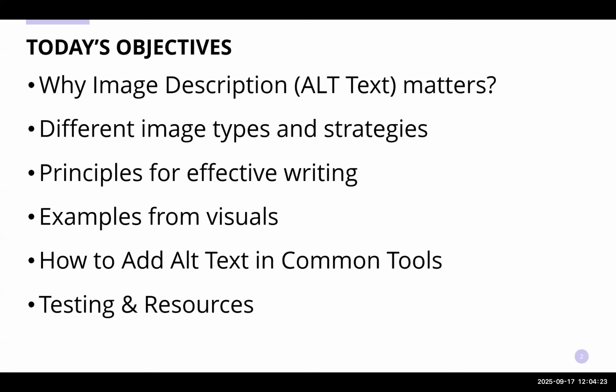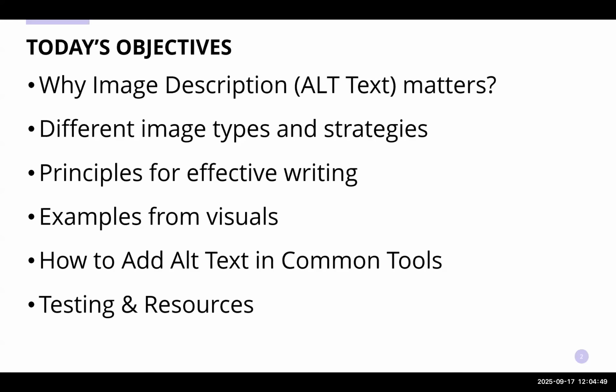And next, we will cover some core principles for writing effective alt text, which are simple, actionable steps that will help you write descriptions that are useful, clear, and concise. From there, we will walk through real-time examples, so you will actually see how to apply these in real context.